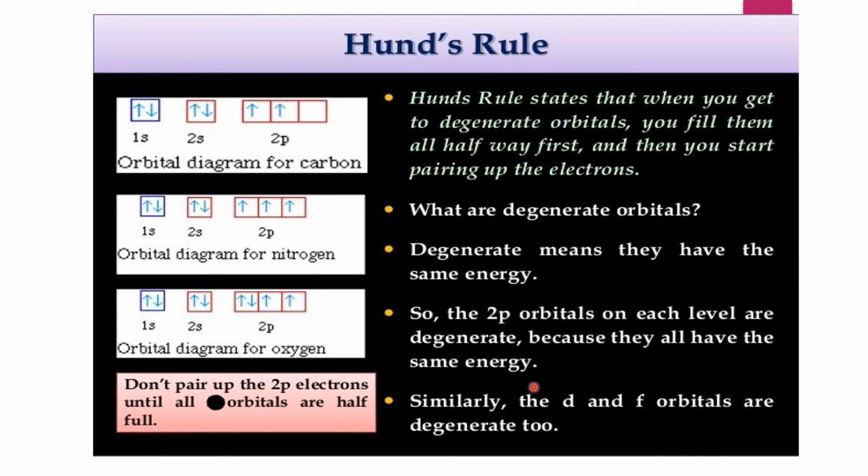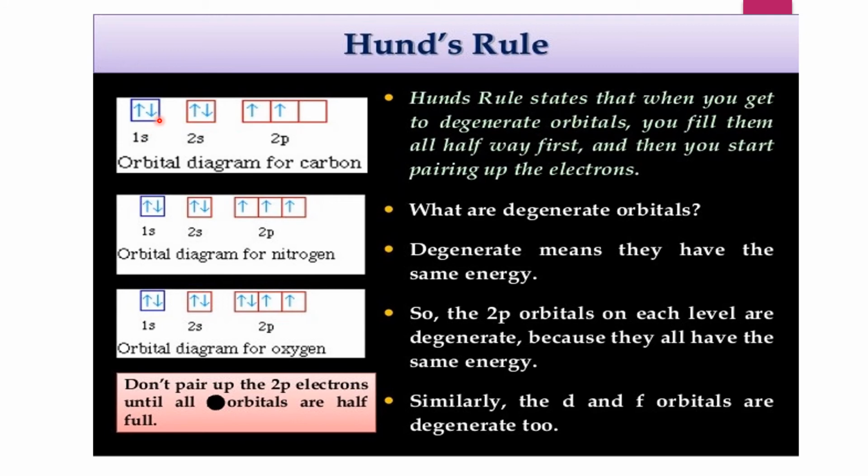Now, to understand Hund's rule better, consider the electronic configuration of carbon. The atomic number of carbon is 6. First, electrons enter the lowest energy level, the first orbit, 1s, and the s orbital can have only 2 electrons.